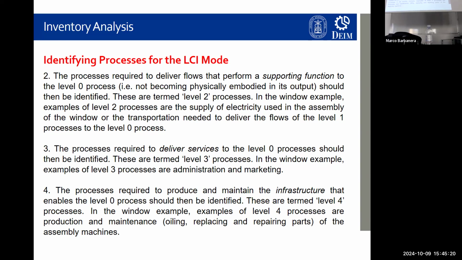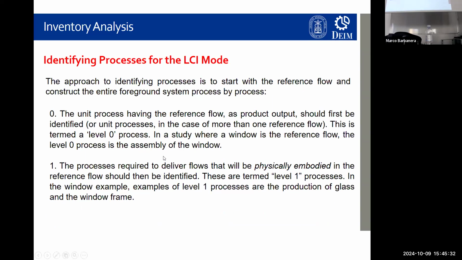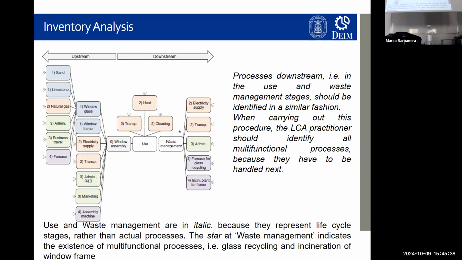Because their impacts are very low compared to the other processes. So typically we consider in a life cycle only the level 0, level 1, and level 2 processes for the collection of inventory data.